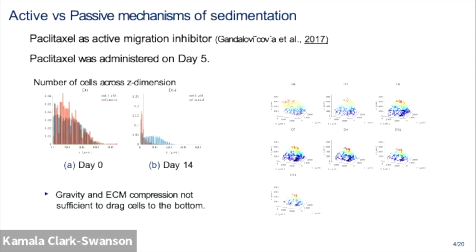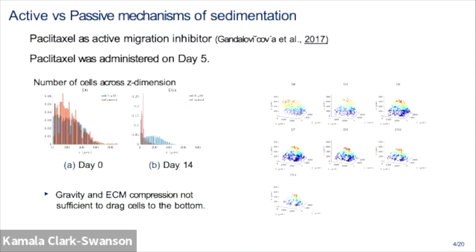So the first thing that we did was to examine the effect of passive migration, let's say the easy one. We did this by knocking out any possible effect of active migration, by introducing the drug paclitaxel in our 3D cultures. Paclitaxel fixes the microtubules of the cells, so it freezes them in space.